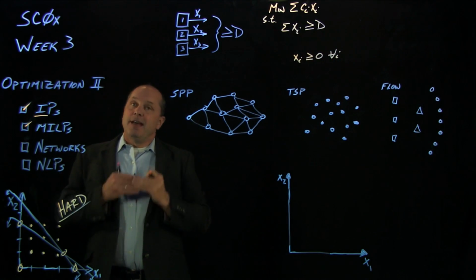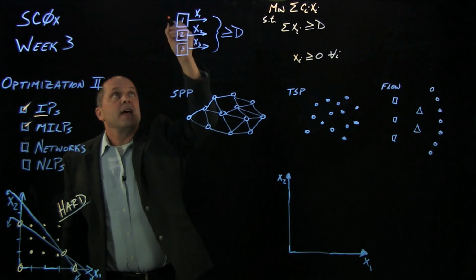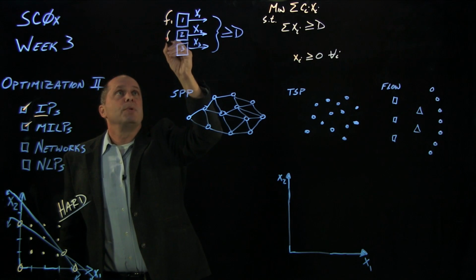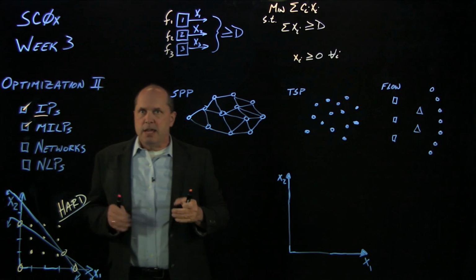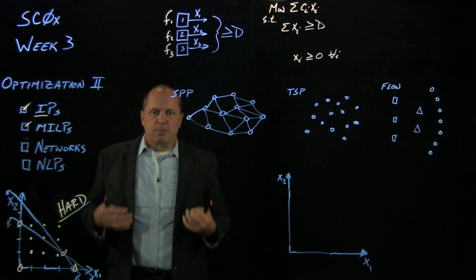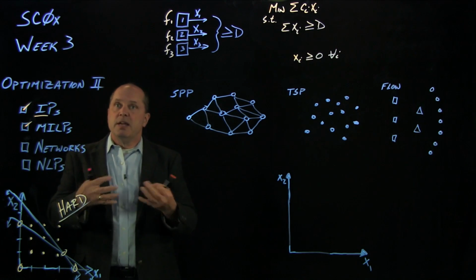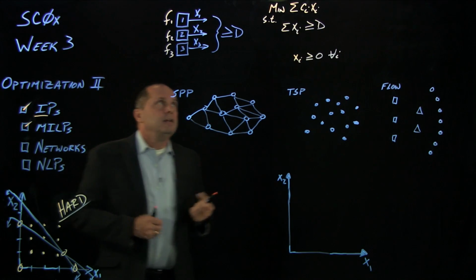Piece of cake. However, in real life, there might be some other conditions, such as, what if I have a fixed cost for opening each of these? So it's not just a variable cost for how much I make, but if I open it, I have to pay something. I have to pay for the electricity, I have to pay for security, I have to pay for something that's independent of how much I produce. How would I capture that?